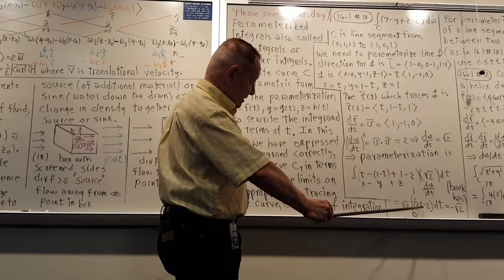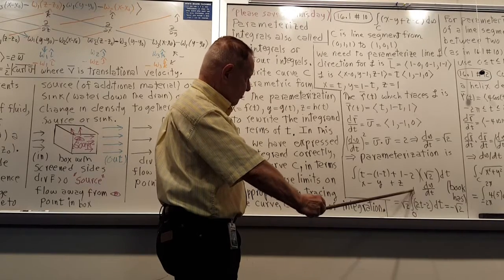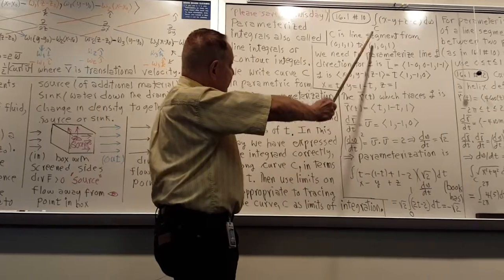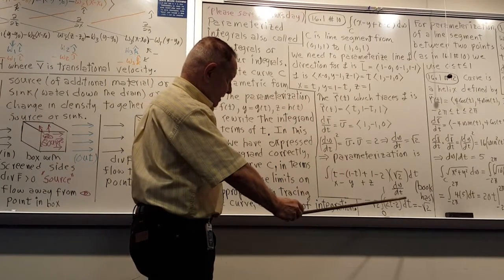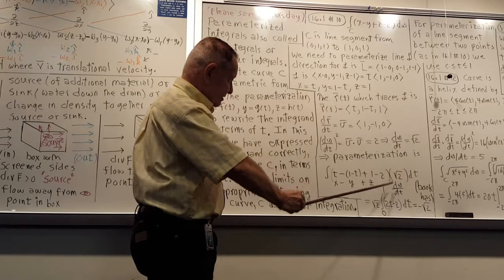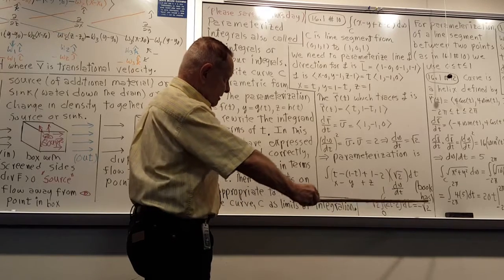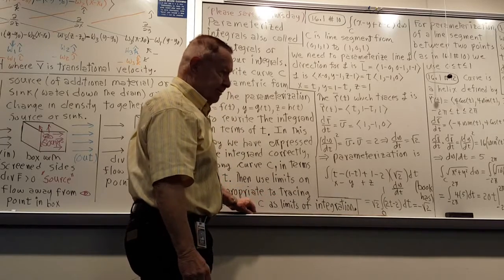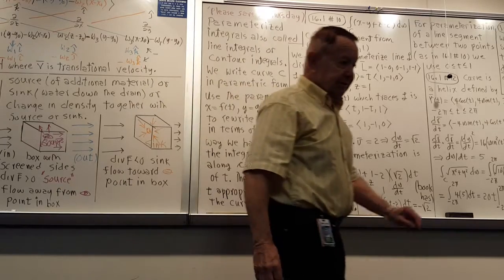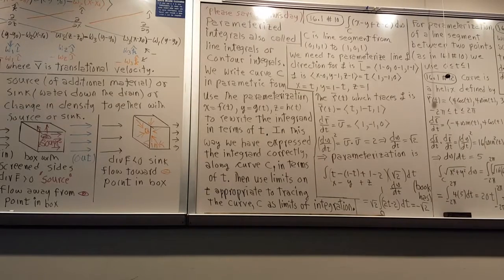And then you integrate that from 0 to 1, because that's the limits on your parameterization. And you can factor this root 2 out in front, and you get what the book has, minus square root 2.